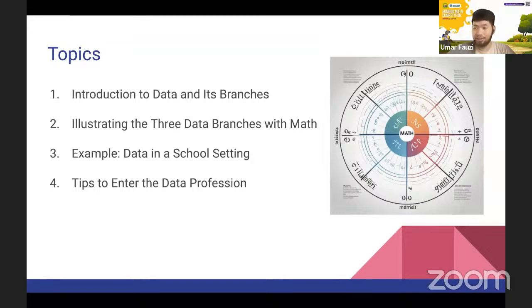So let's get started. First, what are the three branches of data, or what is data in general, right? Think of it this way: let's say you're all still students, right? So you do exams and you have scores from these exams.